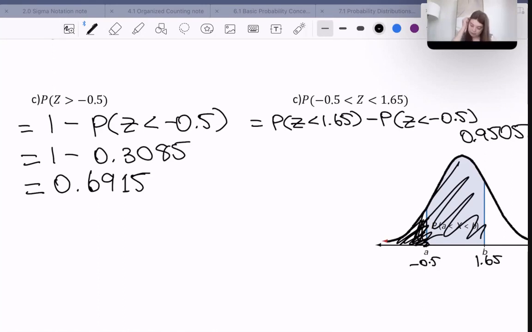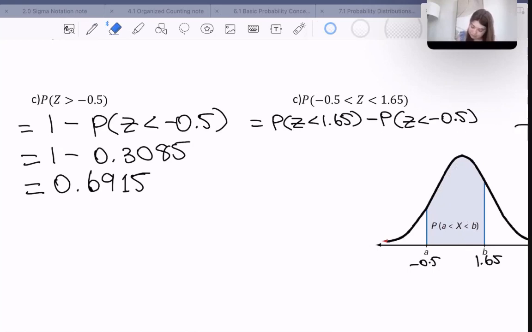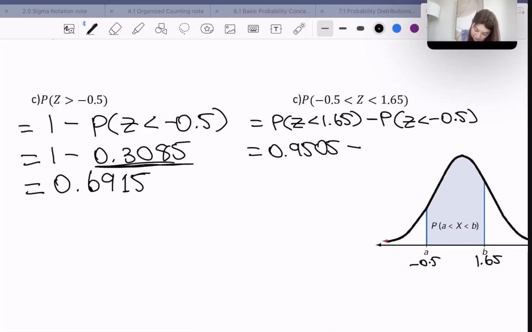And over here, we found out the probability of being less than 1.65 is 0.9505. And then over here, we found out the probability of being less than negative 0.5 is 0.3085. So therefore, our answer would be 0.642, right?